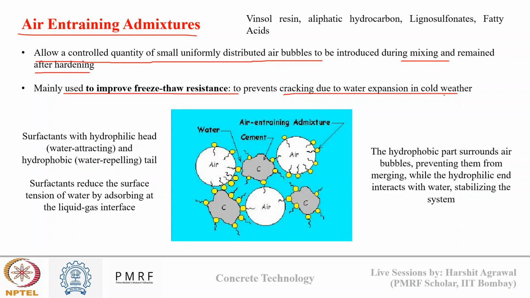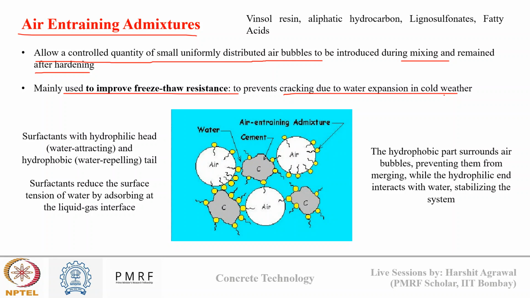Concrete is not designed to handle this, because there is no air void which can account for the expansion and contraction, like freezing and then melting, then freezing, then melting. It will cause continuous expansive stress on my system, and there is no air inside my concrete to accommodate that expansion. So if there is no air, what will happen? There will be cracking inside concrete which can cause damage to the concrete.